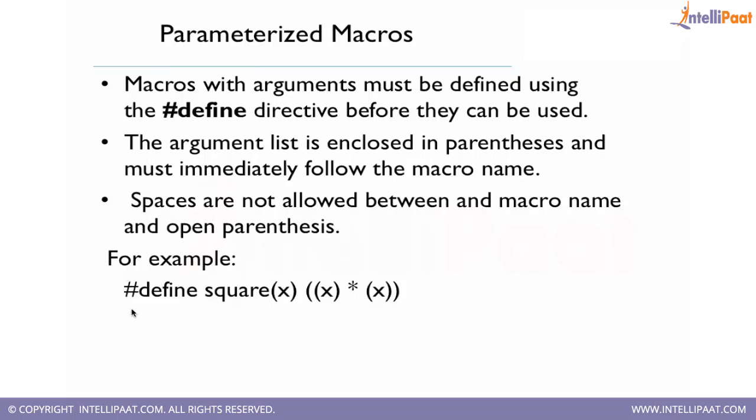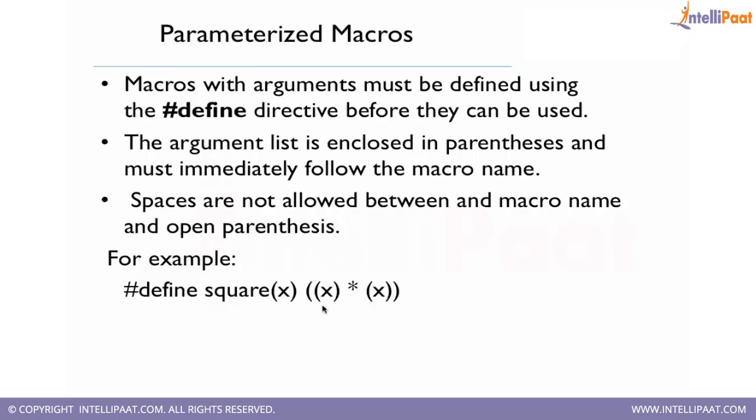The standard example is, for example, hash define square of x, which is equal to x into x. So this is a macro, square of x, and when we call this macro, ultimately we'll be calling x into x.